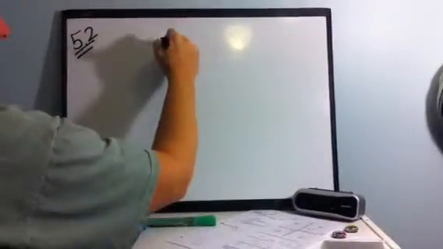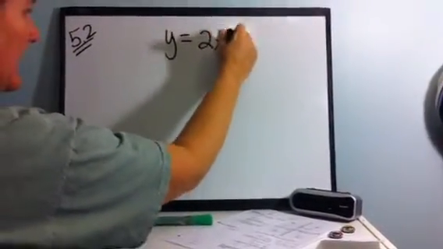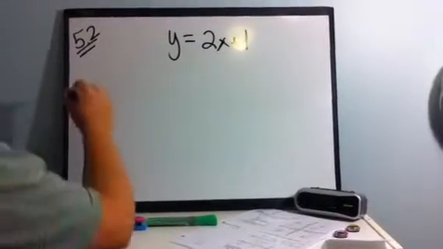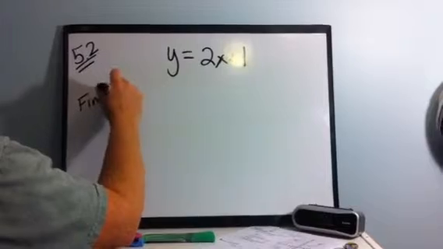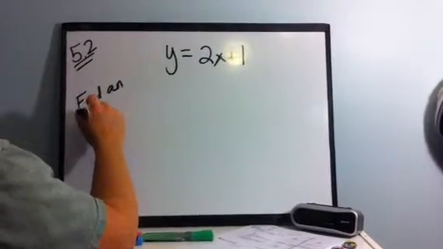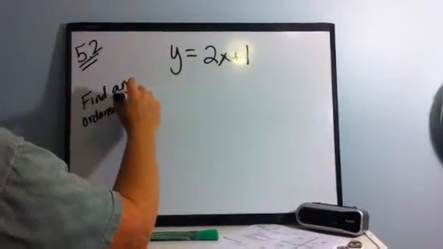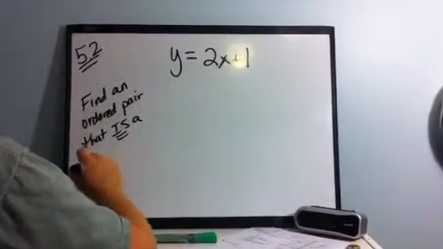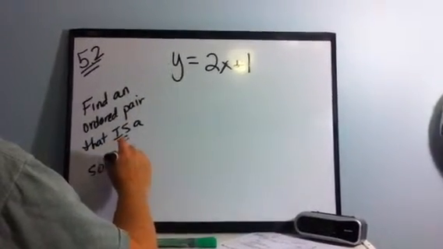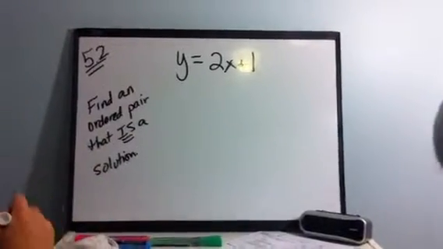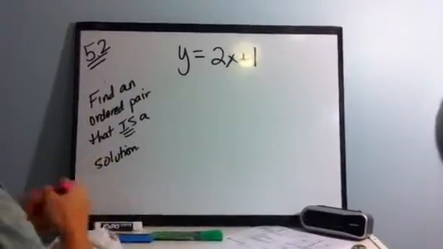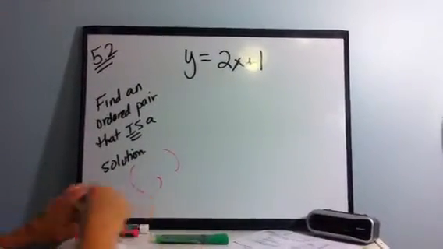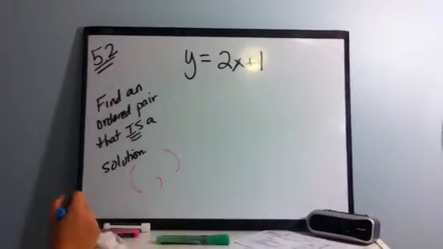It's referencing the linear equation y equals 2x plus 1. And it's asking you to find an ordered pair that is a solution. Well, in order to do this, what you need to do is you need an ordered pair, and you're going to need to pick one of the points.